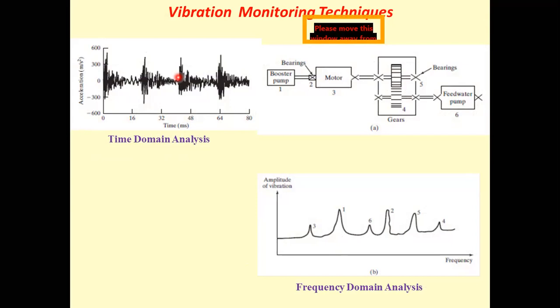The second index used for time domain analysis is the RMS value, that is root mean square value of the vibration. This RMS value is a better index to detect damage in steady state applications. It may not be useful in case of vibration of a complete gearbox that consists of several gears or shafts.